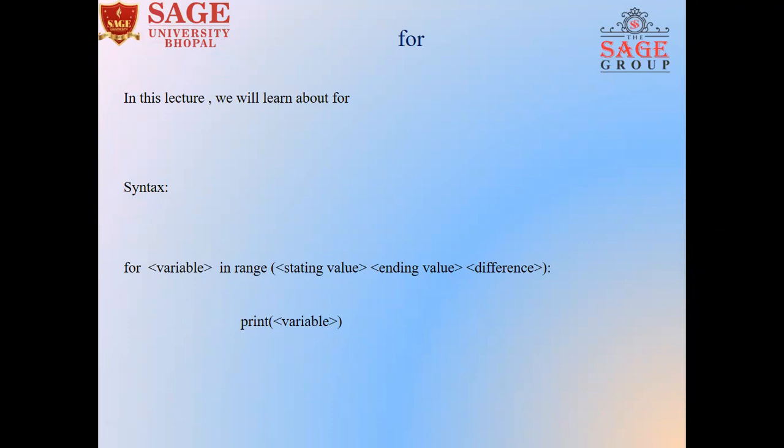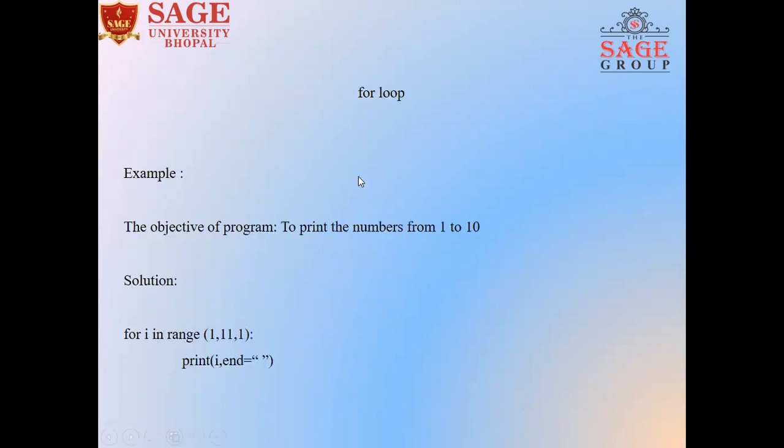So let us understand this with the help of a simple program. This is the objective of our program: to print the values from 1 to 10. I have written here for i in range(1, 11, 1).